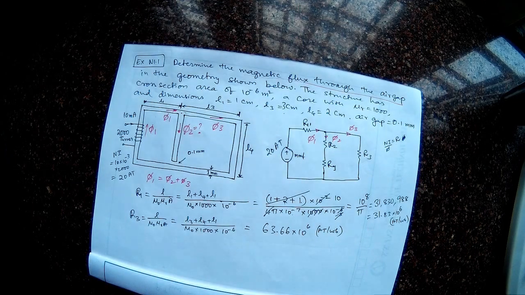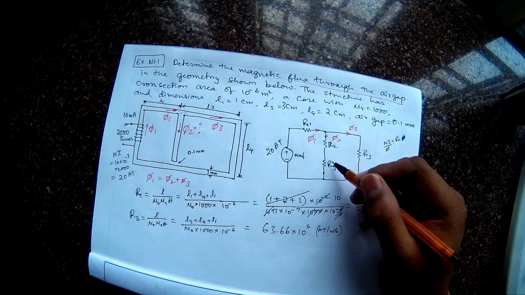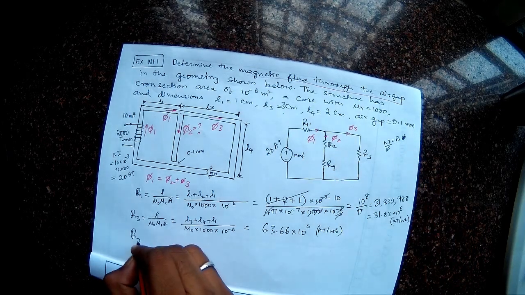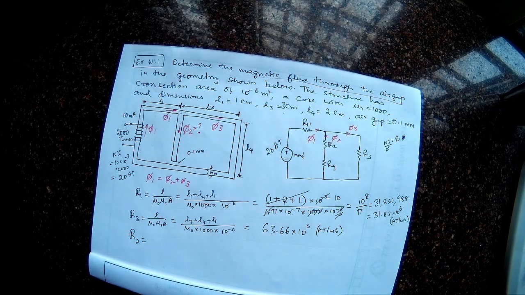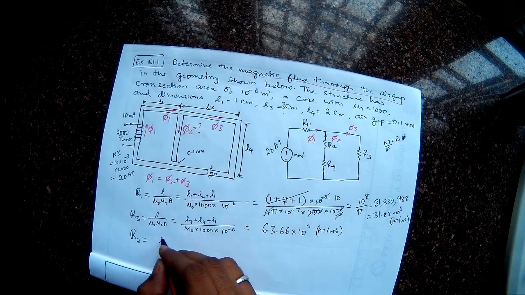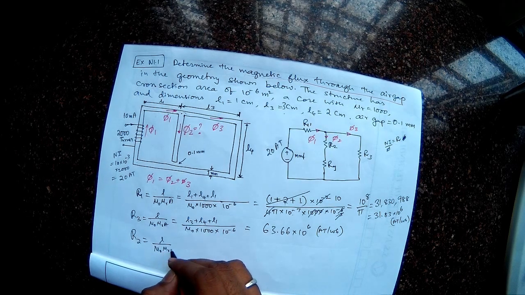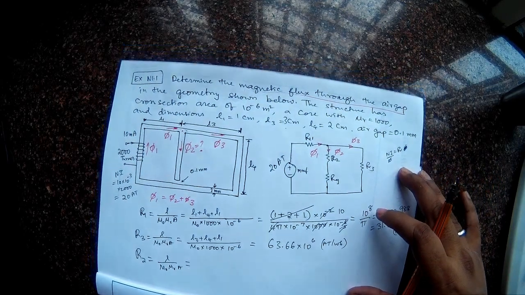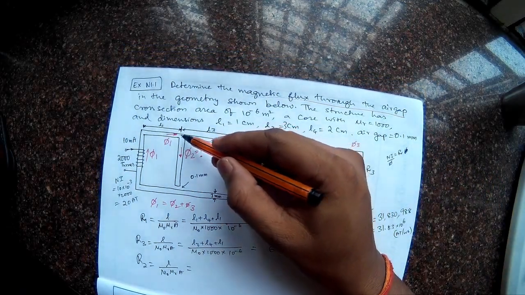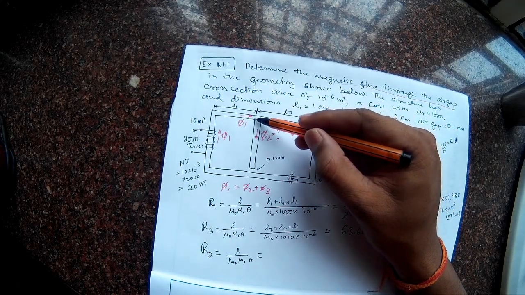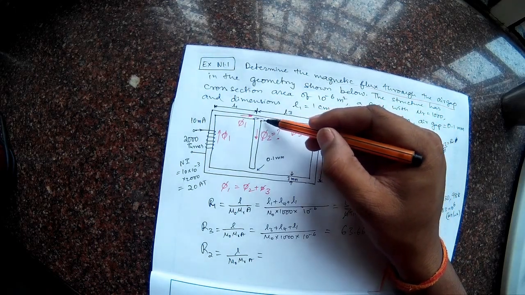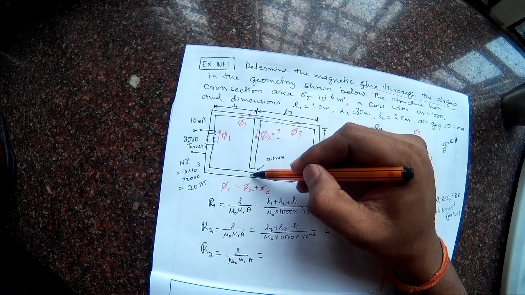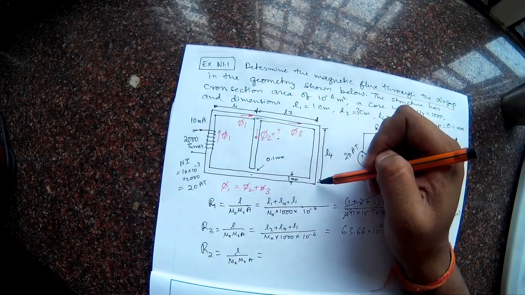Now what about the reluctance for the air gap? Okay, and the reluctance for the R2. So first find reluctance of R2. Okay. So reluctance of R2, again L by mu naught into mu R into A. Okay. So what exactly is the length here? So the length actually, if you notice carefully, from this point the length is up to this point, that is L4 is up to that point.